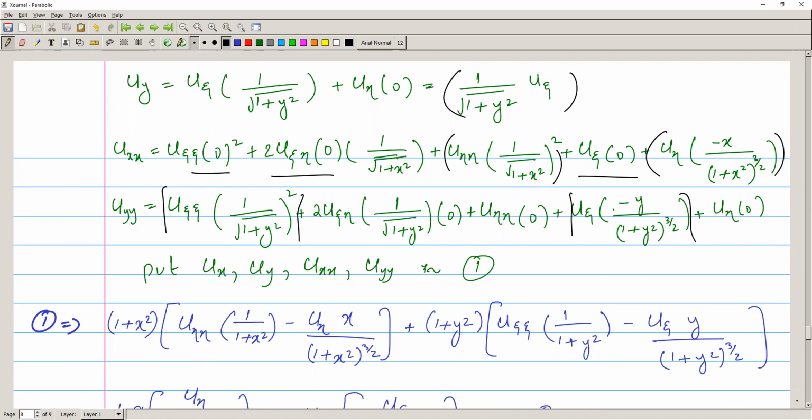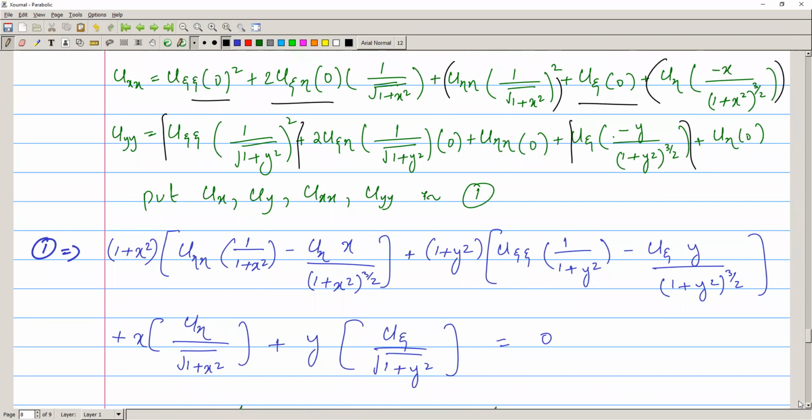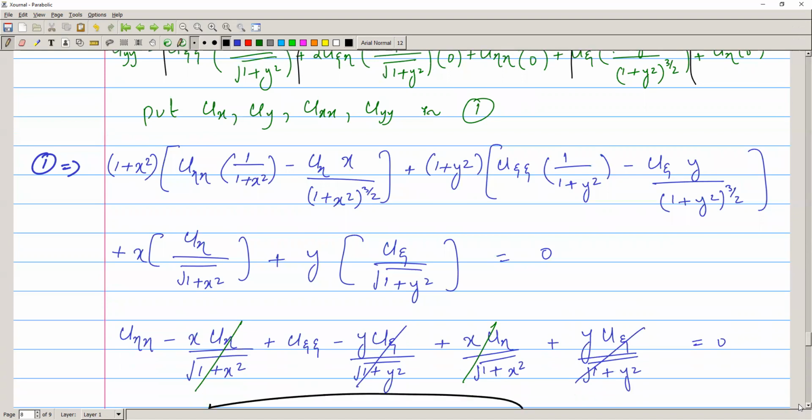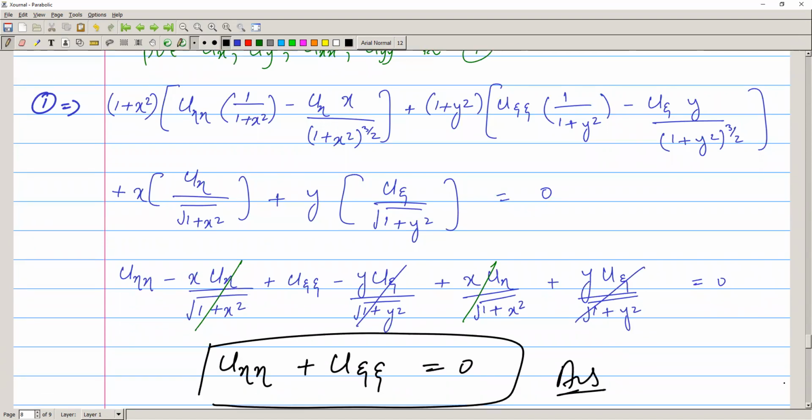Now we will plug uxx, ux, uyy, and uy into the original equation, that is equation 1. So this is the form when we put in the values of the respective uxx, uyy, and ux, uy. So we'll get this form, right? And now we can simplify this.